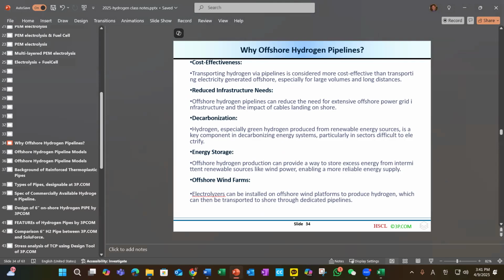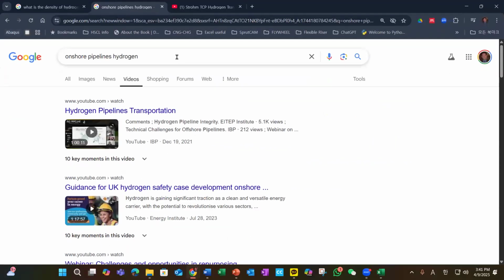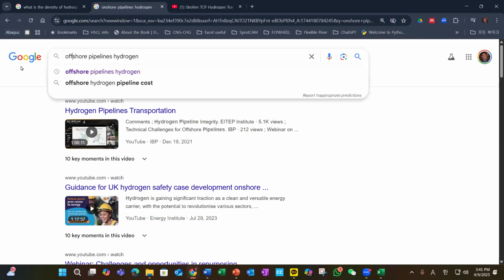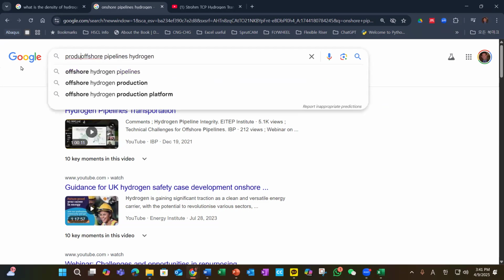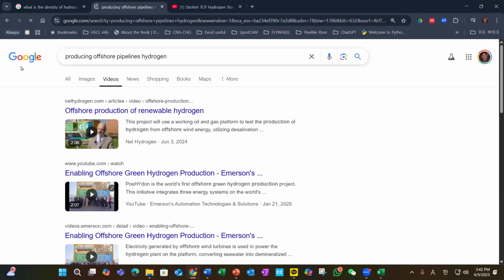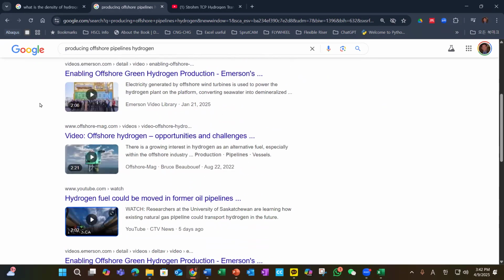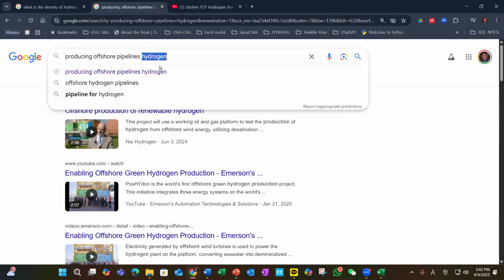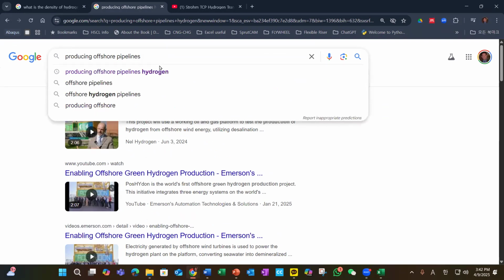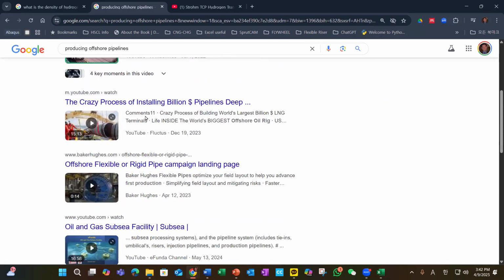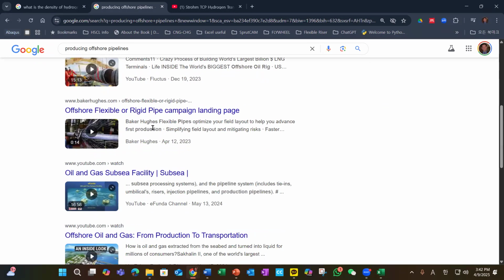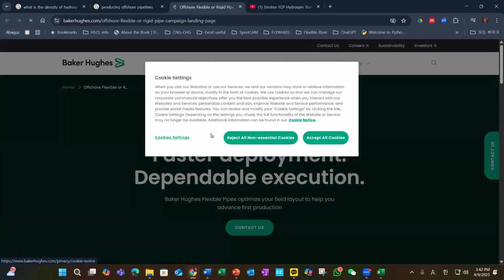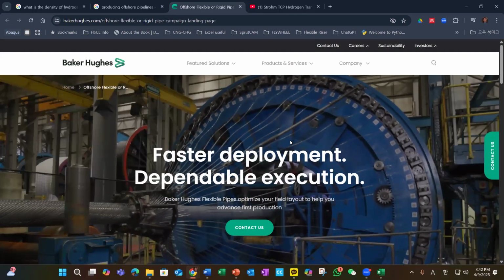But before that, we also need to understand how to produce these pipeline systems.